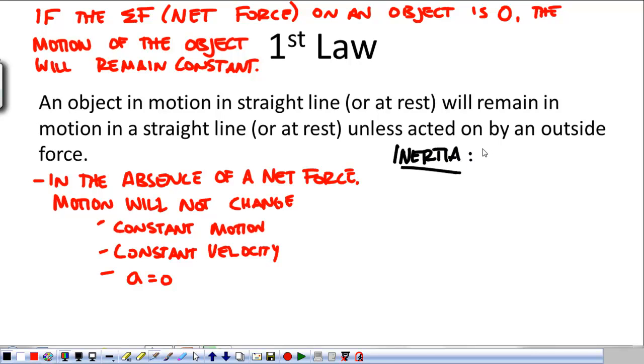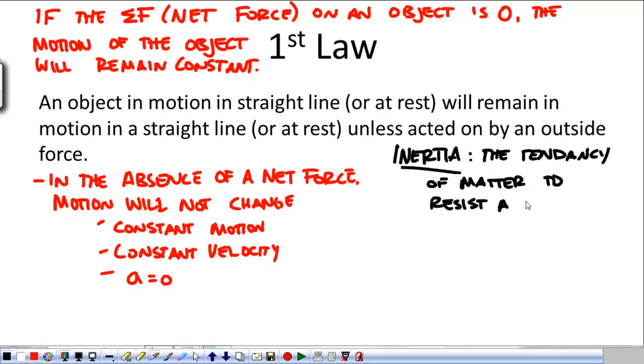Fancy definition for inertia is the tendency of matter to resist a change in motion. So, things do not like to change their motion. The bigger an object is, the harder it is to get it to move or to get it to accelerate.